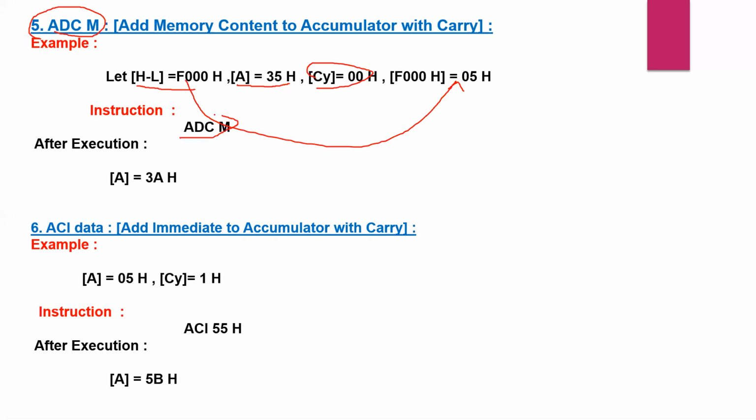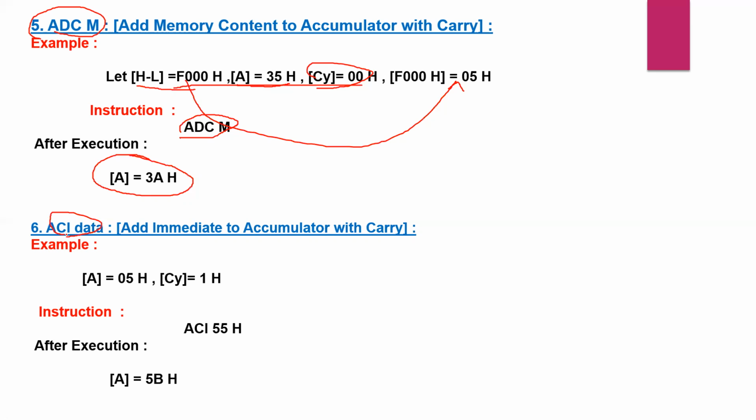Our instruction is ADC M. Now after execution, means after addition of this, accumulator has data 3AH. So this instruction ADC M.